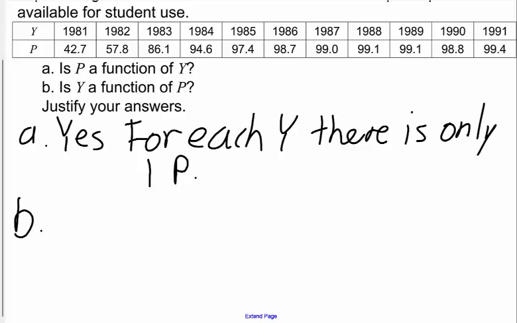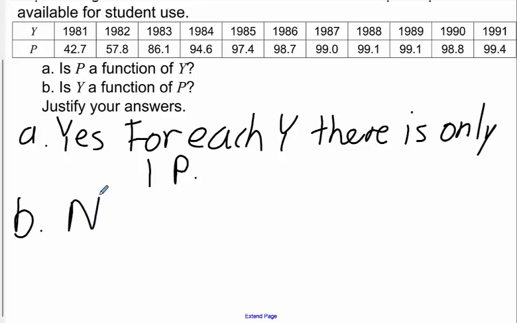Okay, so we have 42.7 gets us 1981, 57.8 gets us 1982, 86.1 gets us 1983, 94.6 gets us 1984, 97.4 gets us 1985, 98.7 gets us 1986, 99.0 gets us 1987, 99.1 gets us 1988, and 1989. Uh-oh. Look there. We have that number gets us one of 2 years.